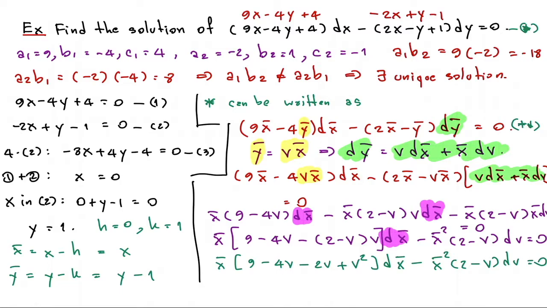So it turns out to be x bar v squared minus 6v plus 9 dx bar minus x bar squared 2 minus v dv equals 0. Make sense?